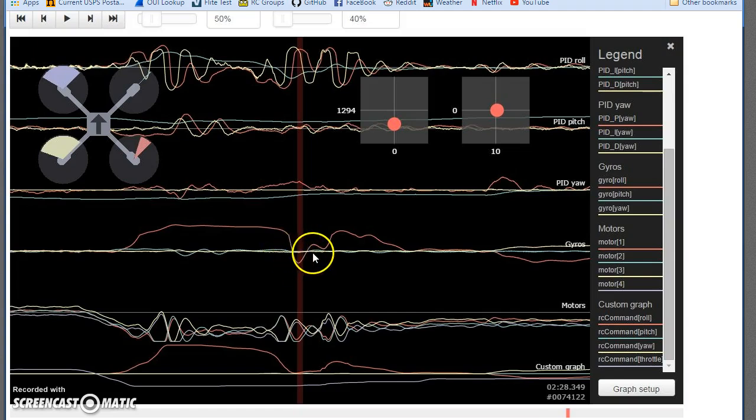This is very common to see at the end of a flip or a roll because we're not flying a simulator. So if we think about what happens as the stick returns to center, the P term begins slowing the copter down. And at the moment that the stick hits center, the copter is supposed to stop.